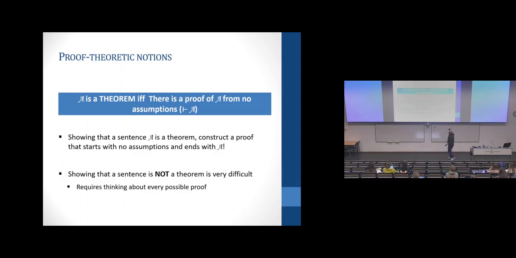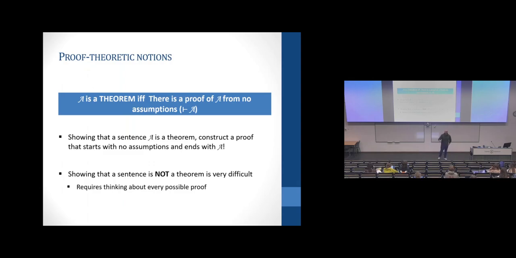You draw the assumption line, and your first numbered sentence is below the assumption line. If you can do that and derive the sentence as your last step, then you can prove that the sentence is a theorem. So here's an interesting question.